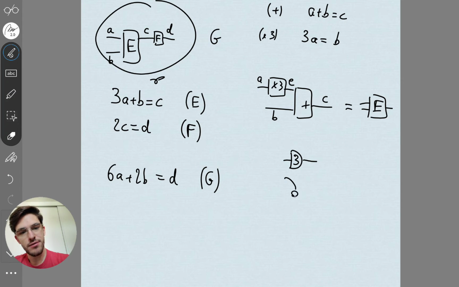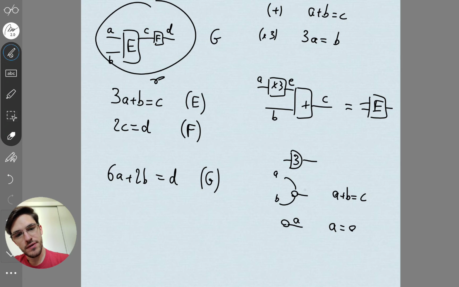The plus, we'll write with the white circle, and we will have, for example, the equation a equals 0, that's a very common equation, and 3a equals b, etc.